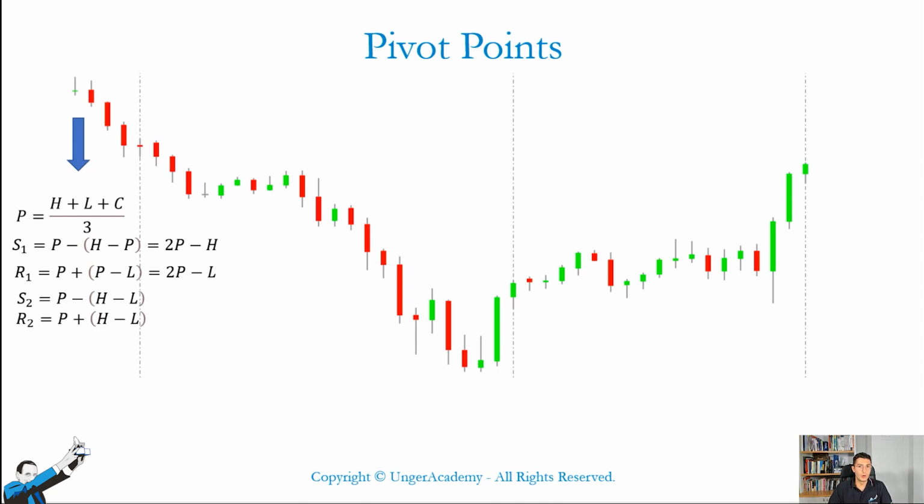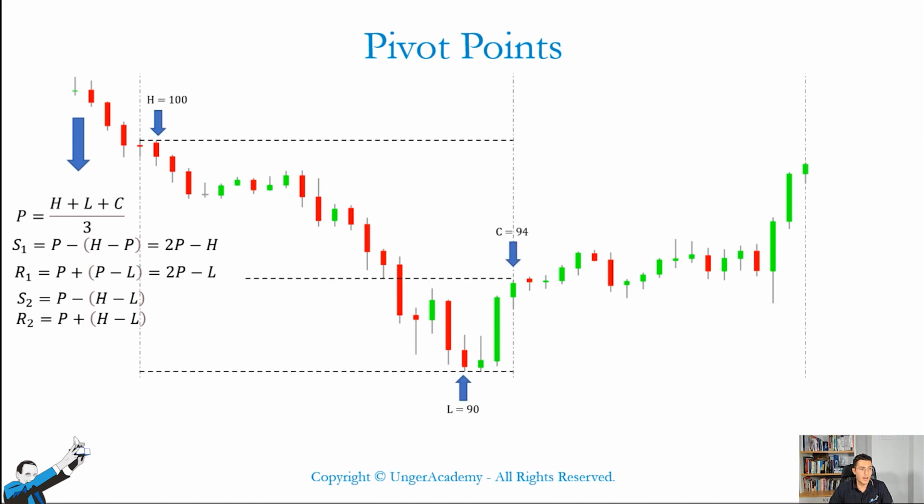There are also two more levels, support 2 and resistance 2, calculated as the pivot point minus the high-low range of yesterday for support number 2, and the pivot point plus the range of yesterday for resistance number 2. There are also in some cases support number 3 and resistance 3, but we'll not see them as they are not commonly used and they don't provide any significant signal.